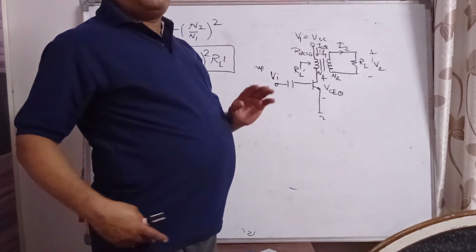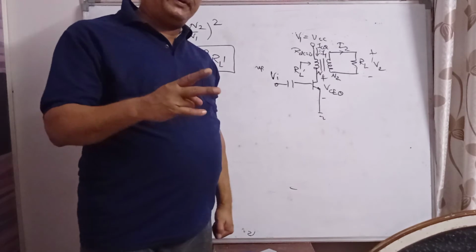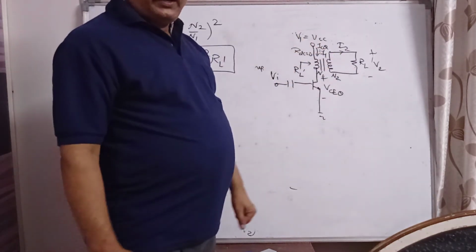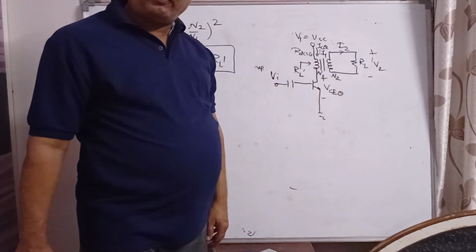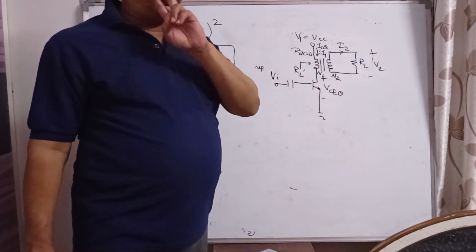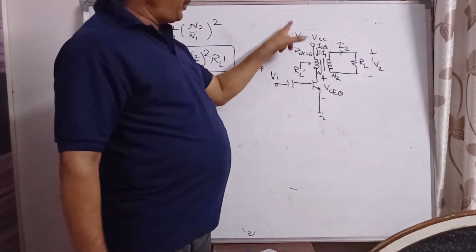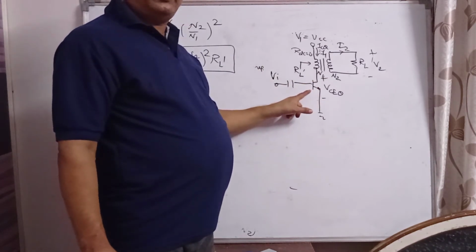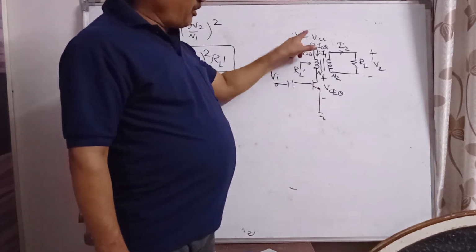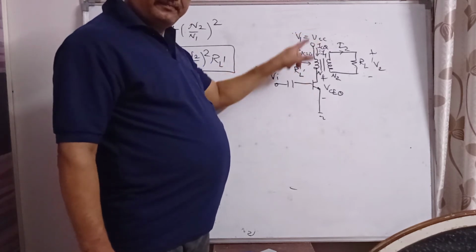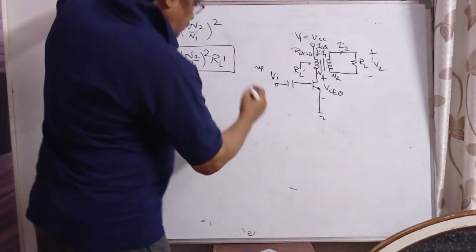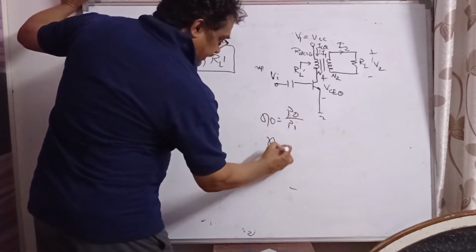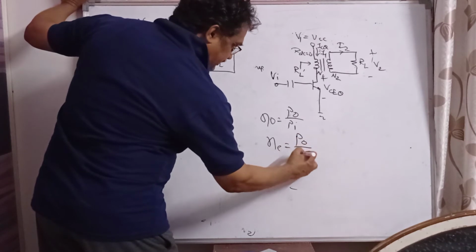In the previous case we have studied two efficiencies, overall efficiency and collector efficiency, where overall efficiency is output power upon input power and collector efficiency is output power upon transistor power. But here the transistor power and input power are both the same.